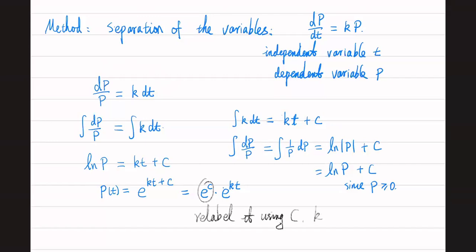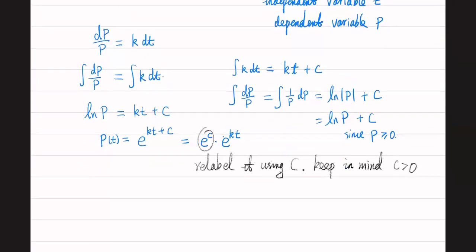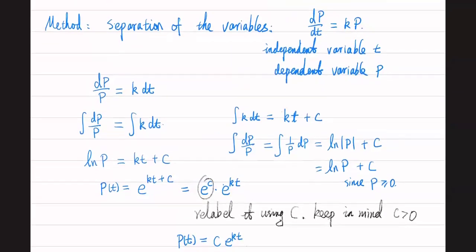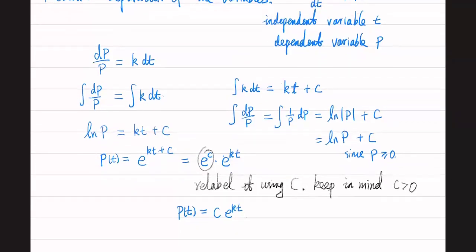Keep in mind the c will be positive. With this relabel, p(t). Okay, that's how we solve this differential equation. The solution is this. We have a positive integral constant.